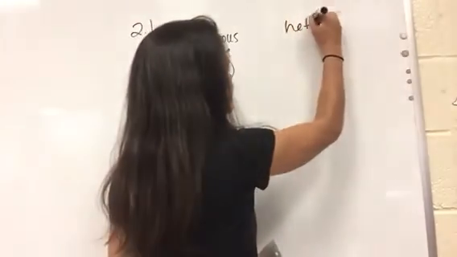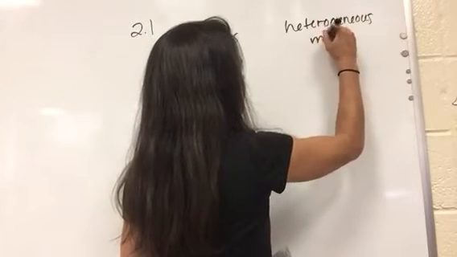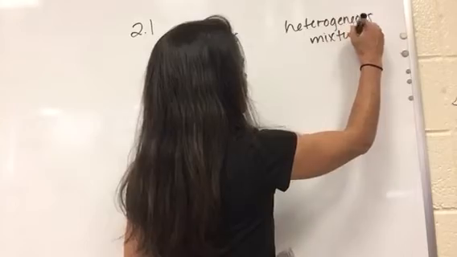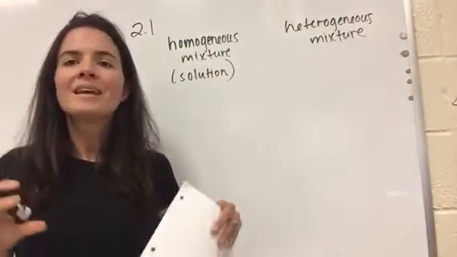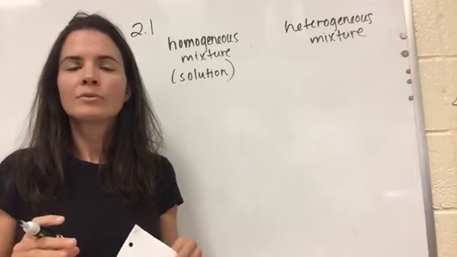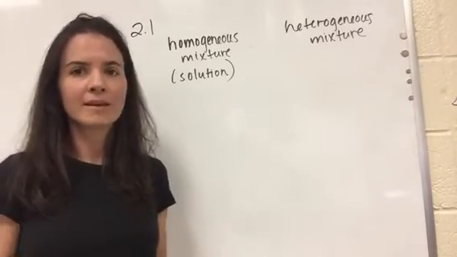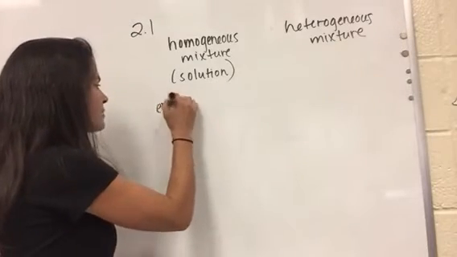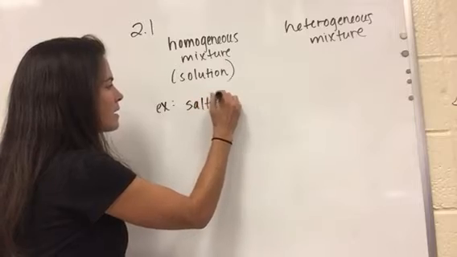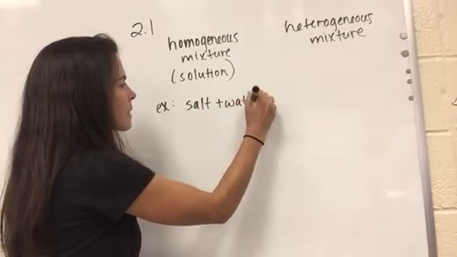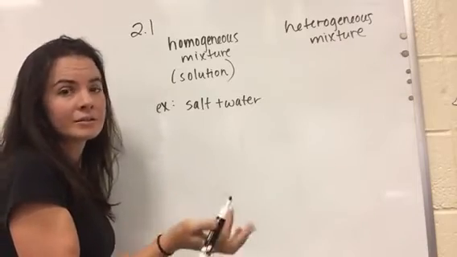Whereas a heterogeneous mixture is when two or more things are mixed together, but they're not mixed evenly, or they are not able to form a solution, so you can tell the difference between them. So let's look at some examples. If I add salt to water and it dissolves, that would be a solution.